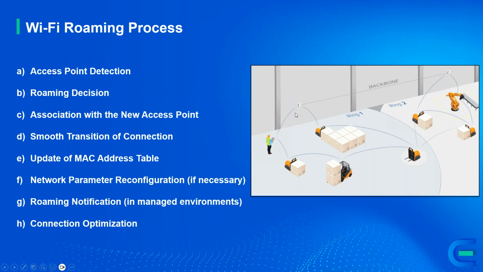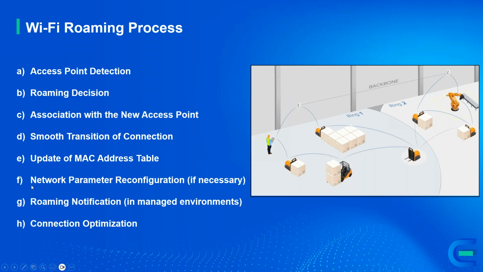This record needs to be cleared out. And then the record of the MAC address of the device that is roaming is going to be created in the new access point, access point B. In that way, the access points in the cluster of the swarm are going to know where to redirect or forward the packets that are going to a destination to this device that just roamed from ring one to ring two.